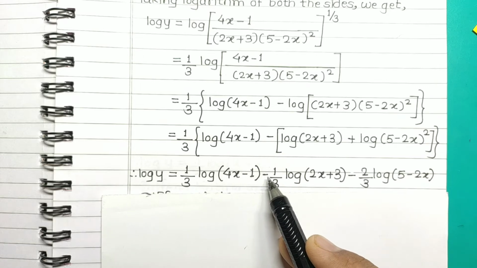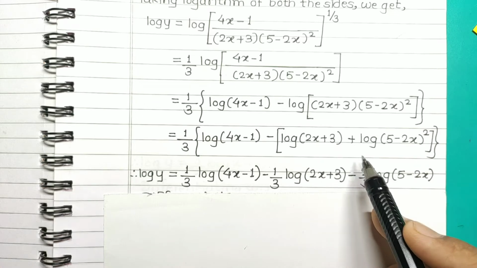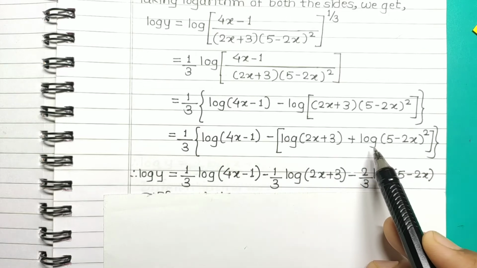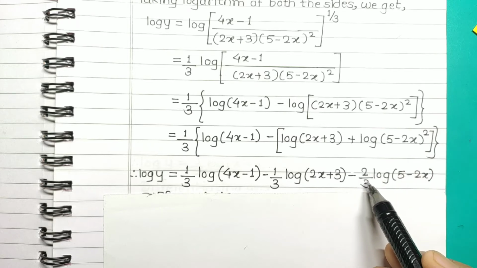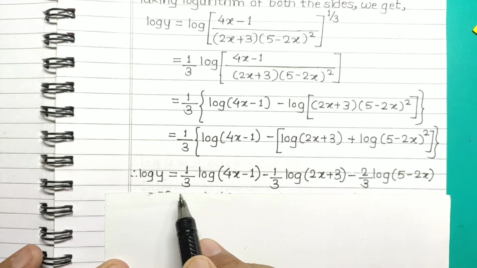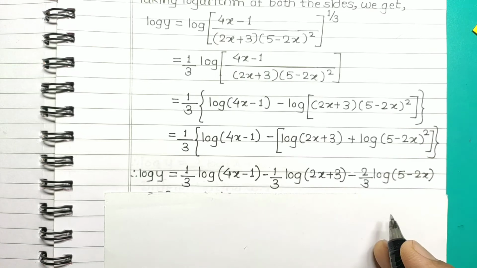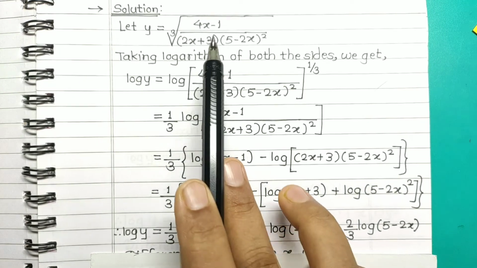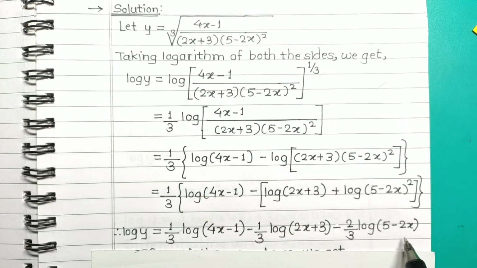See here it is minus sign, so minus of 1 by 3 into log of 2x plus 3, and then here minus plus becomes minus, so 1 by 3 into this exponent 2 gets multiplied to the log term, so here we have minus 2 by 3 into log of 5 minus 2x. Now it's a quite simple function and we can differentiate at this step very easily. So here, see, we have simplified this given complicated function using logarithm to a very simple function.